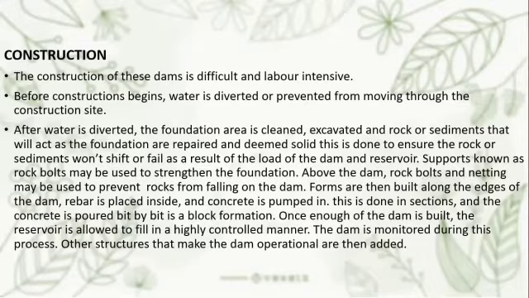This is done in sections, and the concrete is poured bit by bit in a block formation. Once enough of the dam is built, the reservoir is allowed to fill in a highly controlled manner. The dam is monitored during this process. Other structures that make the dam operational are then added.